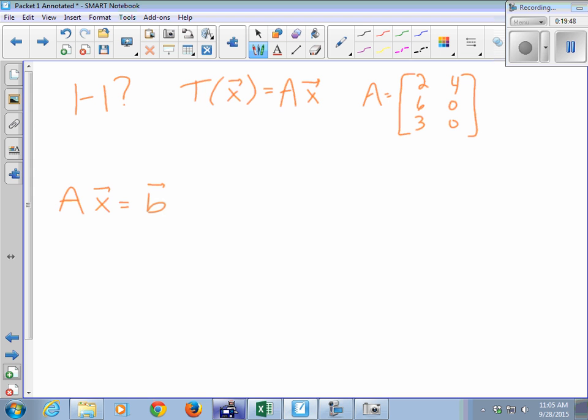So 0 solutions or 1 solution, for whatever b I pick. In other words, when this has a solution, is it unique? Is there only one particular x that can produce a particular b?